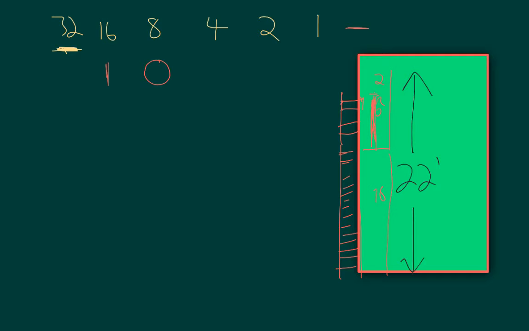So I'm going to use a 16-foot and a 4-foot. And I only have 2 to go, so if I stick this 2-foot ladder on top, that's going to get me right to the top. And I don't even need my 1-foot ladder. And you have just written your first binary number.